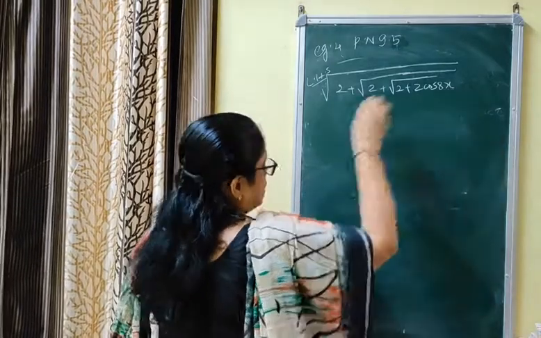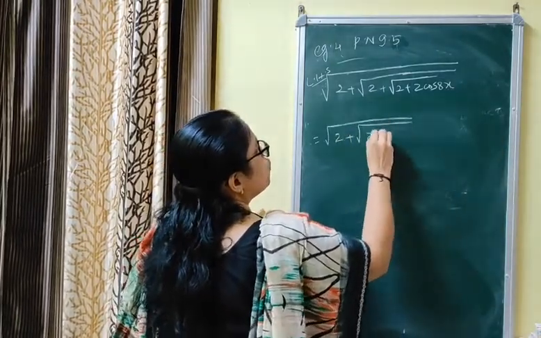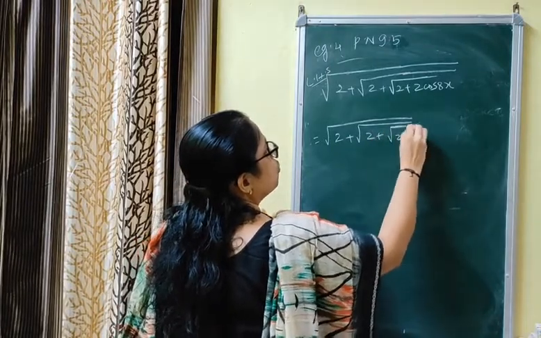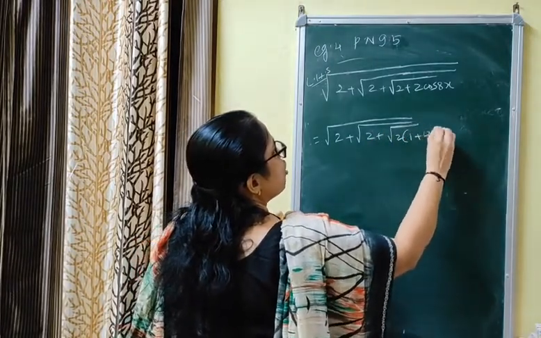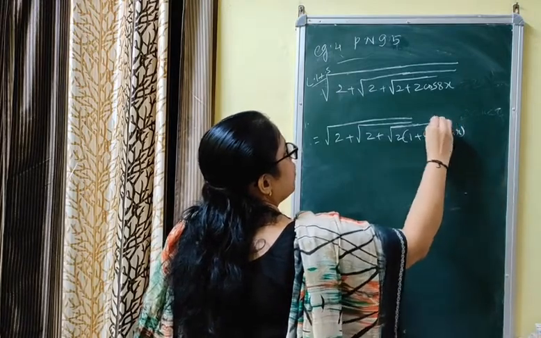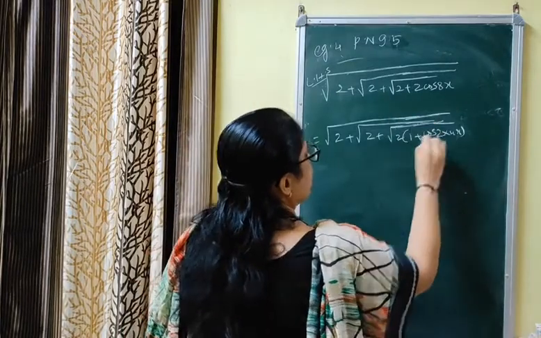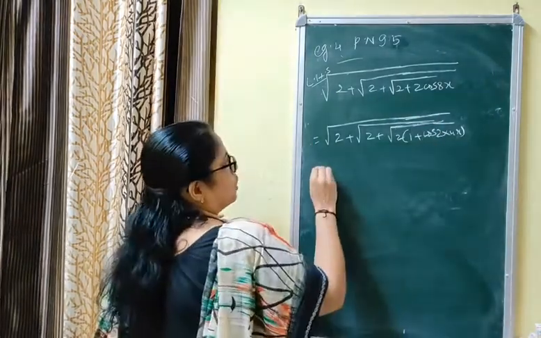from this right extreme. That is LHS equal to under root of 2 plus under root of 2 plus under root of 2 into 1 plus cos 8x, which can be written as cos 2 into 4x. Why am I writing this? Because you know the formula of 1 plus cos 2 theta is 2 cos square theta.